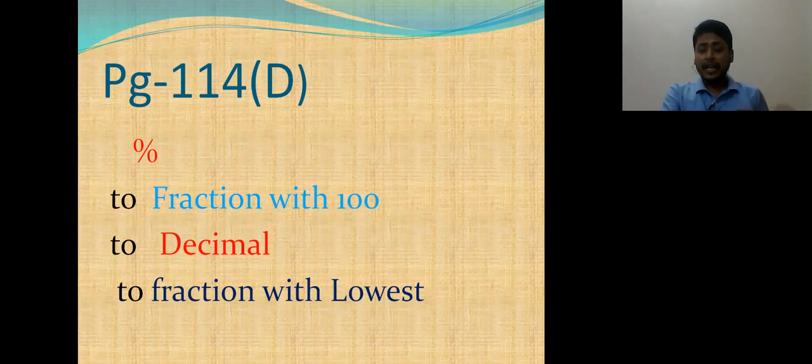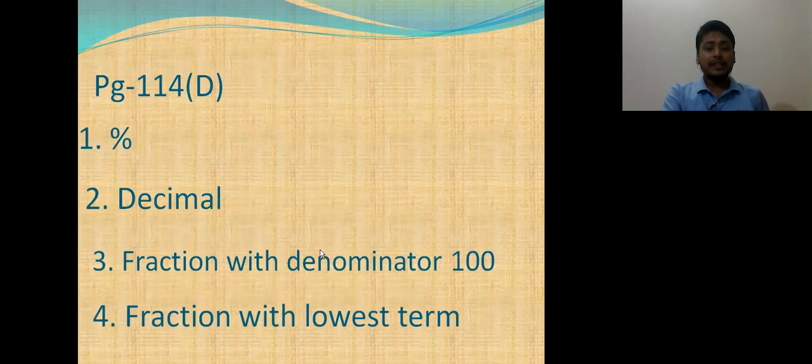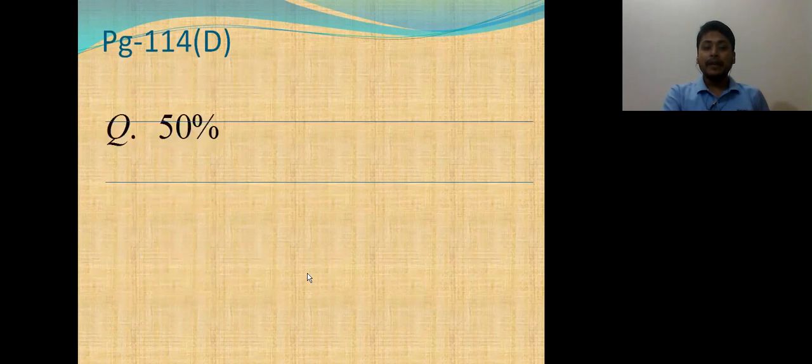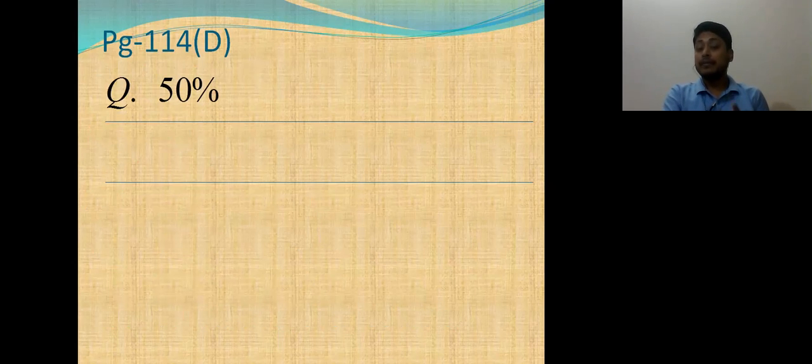A number can be written in many ways: percentage, decimal, fraction with denominator 100, and fraction with lowest term. Let's see. Here suppose 50%, one number is given, a percent number is given, and from this percent you have to write different things.